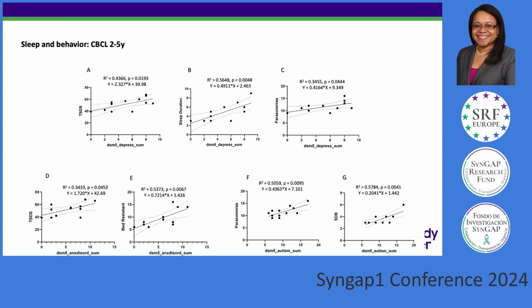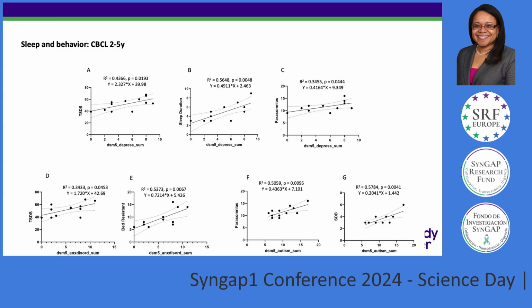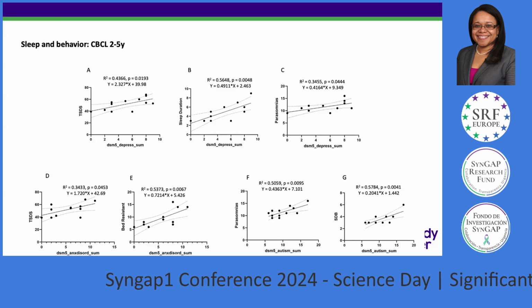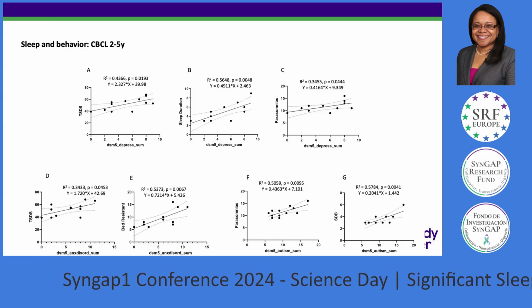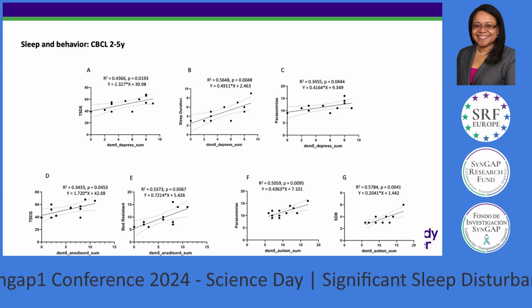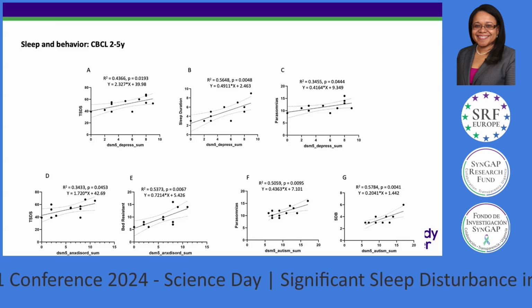So more depressive symptoms equal more sleep problems. And that, if we were to look more granularly at the subscale scores, we can see that higher depressive symptoms are predictive of problems with sleep duration and parasomnias.